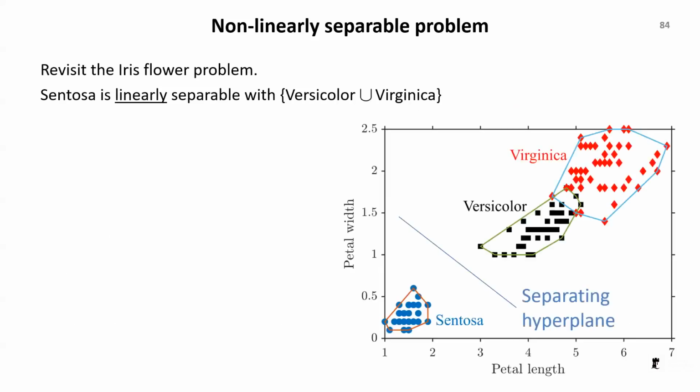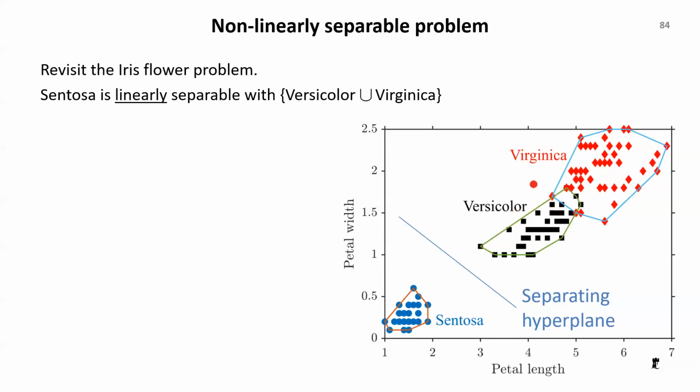So we have discussed linearly separable problems, so non-linearly separable problems now. Back to the iris problem sets, we have seen that Setosa flower is linearly separable against versicolor and virginica.